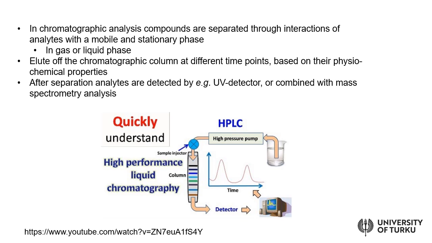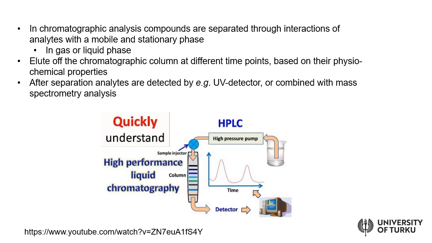So whatever is included in your sample has to be separated so that you will maximize the likelihood that you can then detect the different components. If they are all in one big clump without any separation, then you will for sure lose information from many of the components. But chromatographic separation is conducted so that you will maximize the ability of the compounds to be seen in the analysis.